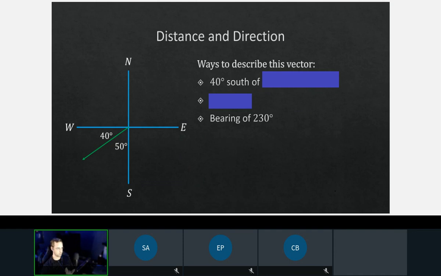Jacob changes his mind to west. Chloe says west. Peer pressure, Sarah. What are you saying? You say west because it looks like it. Fair enough. I think it looks like it too. I would also say it's 40 degrees south of west.